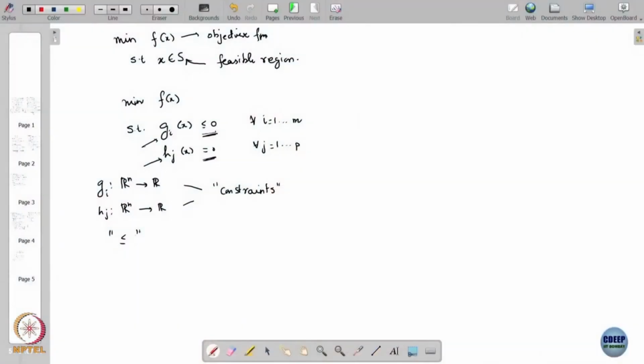The constraints that are to be satisfied with a less than or equal to requirement are called inequality constraints.